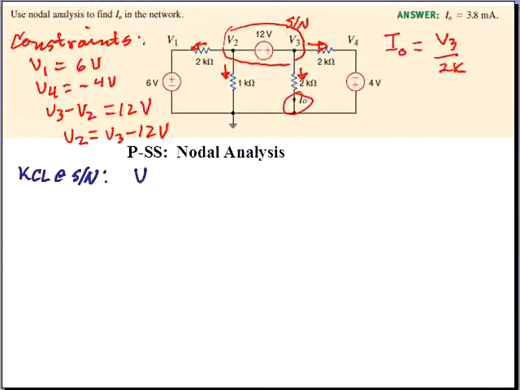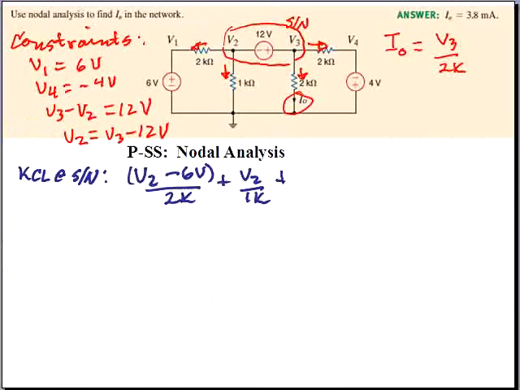So we have KCL at the supernode, and we have a V2 minus V1 for our branch current, but we see that V1 is equal to 6 volts, so that's V2 minus 6 volts divided by 2K plus V2 divided by 1K. That takes care of the 2 currents at the left end of the supernode.